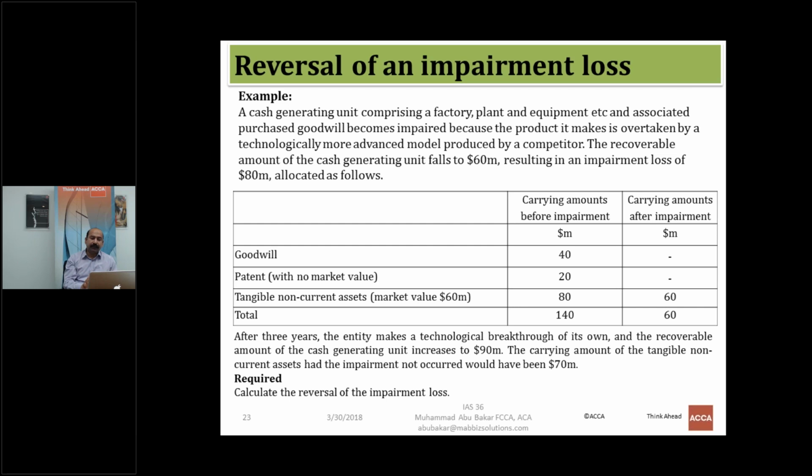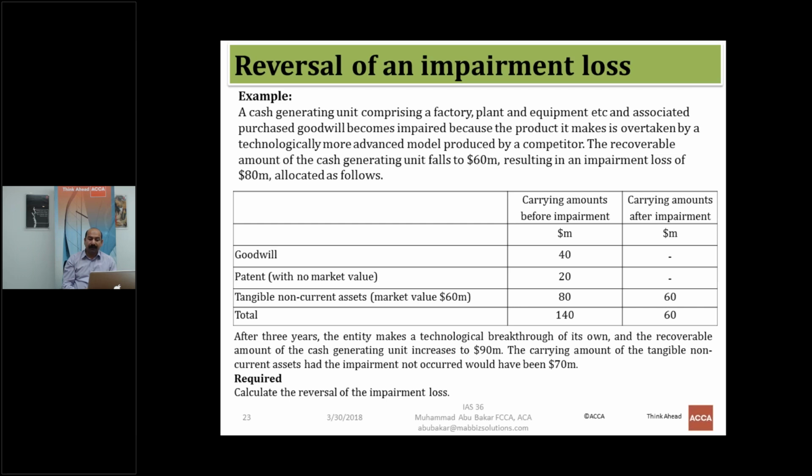A cash generating unit comprising a factory, plant and equipment, etc., and associated purchased goodwill becomes impaired because the product it makes is overtaken by a technologically more advanced model produced by a competitor. The recoverable amount of the cash generating unit falls to 60 million, resulting in an impairment loss of 80 million allocated as follows.